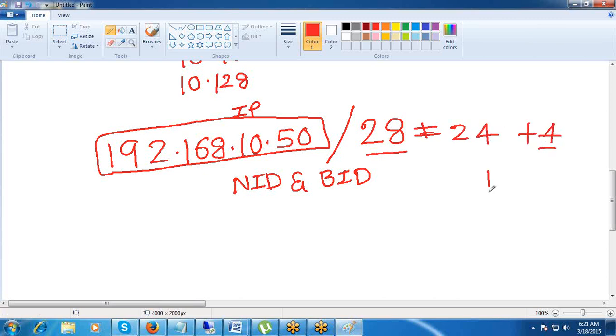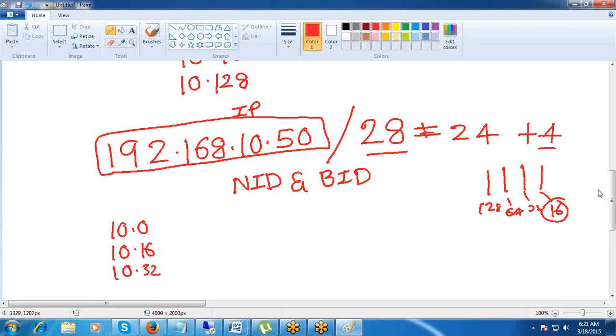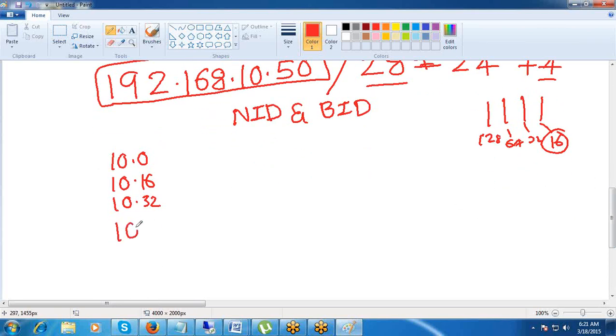4 means 1, 2, 3, 4 bits: 128, 64, 32, 16. Increment of 16. So 10.0 is the first network, 10.16, 10.32, 10.48, and 10.48 plus 16 is 64.